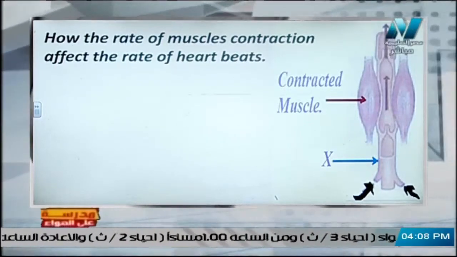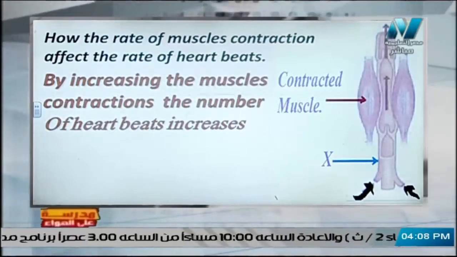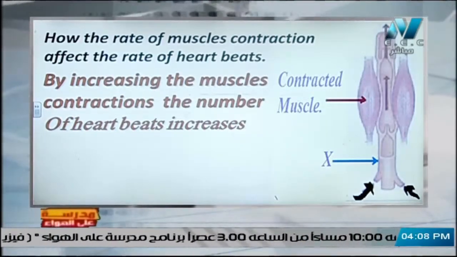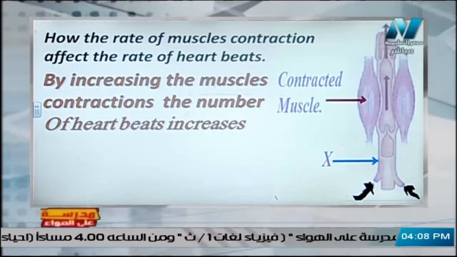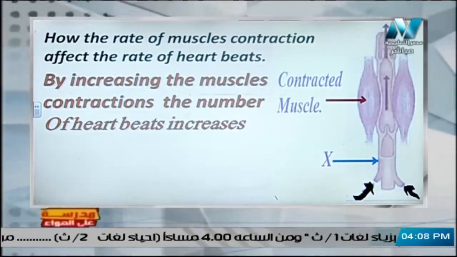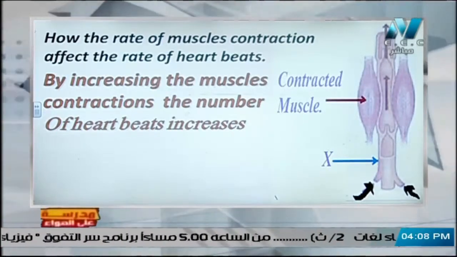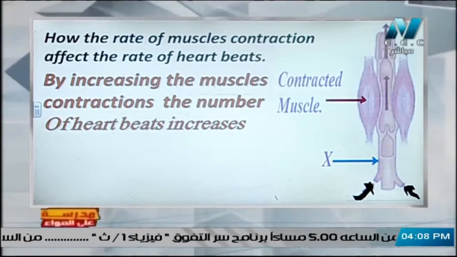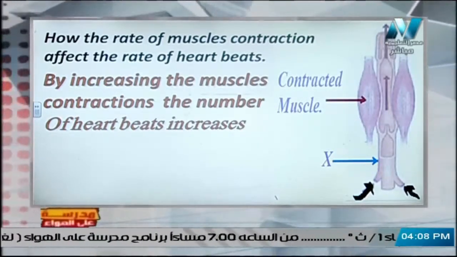We can say, as you see, number one: by increasing the muscle contractions, the number of heartbeats increases. How come? We should explain the first phrase in this answer, because the answer is: by increasing the muscle contractions, the number of heartbeats increases.